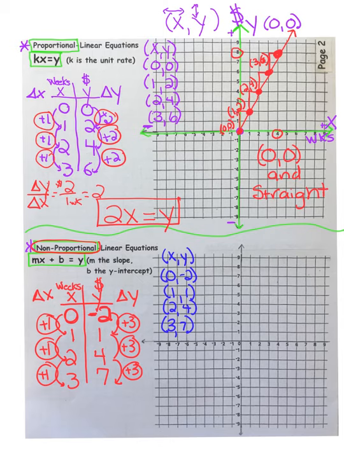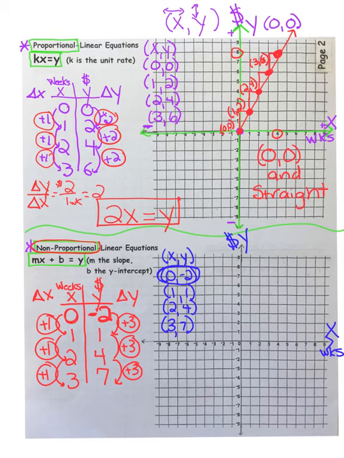Remember, when we plot, we should always label our x-axis and our y-axis. And in this case, of course, x represents the number of weeks and y represents the dollar amount. Let's take a moment and plot these points.